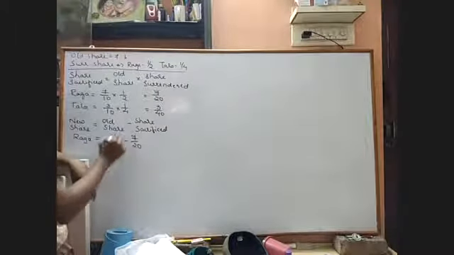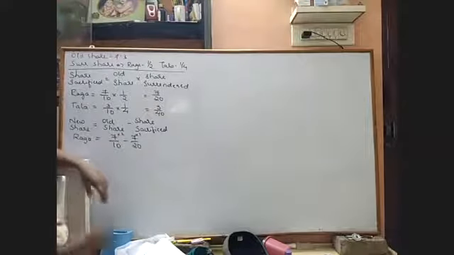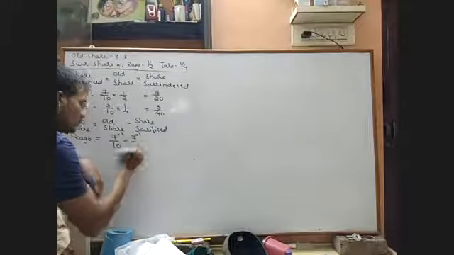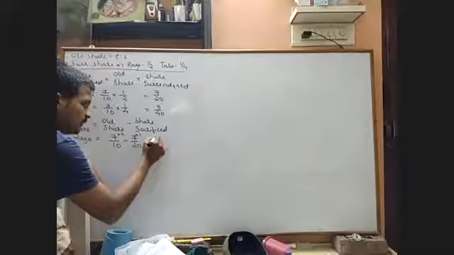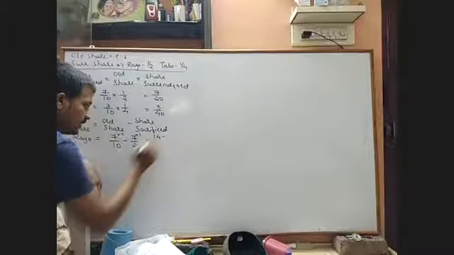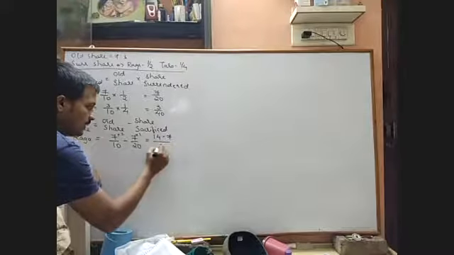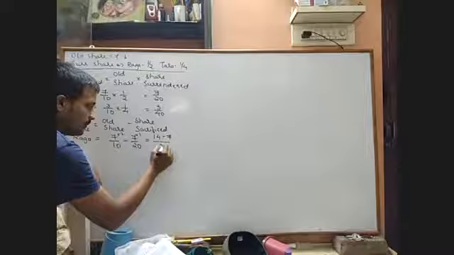So 10 twos are 20, ones are, it leads to 7 twos are 14 minus 7 ones are 7 divided by 20, which is equal to 7 by 20.